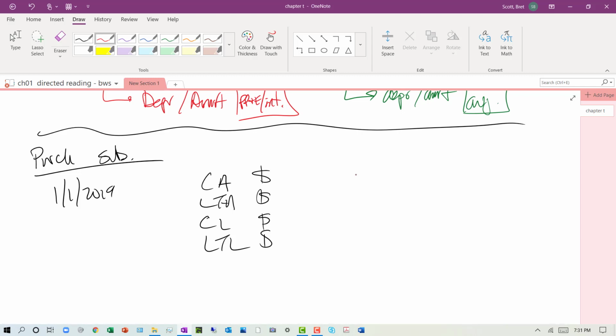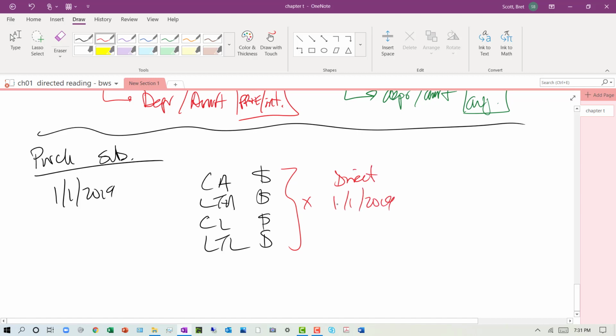So if I buy this on January 1st, 2019, what do I use? For each one of these, I multiply by the direct rate as of January 1st, 2019. That's going to establish US dollars across all these different categories.